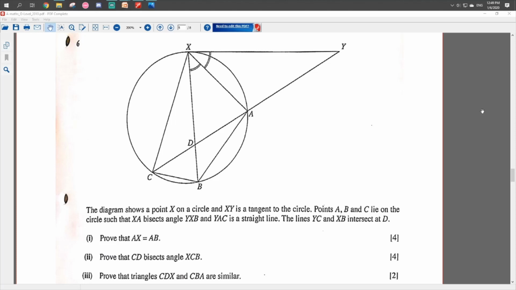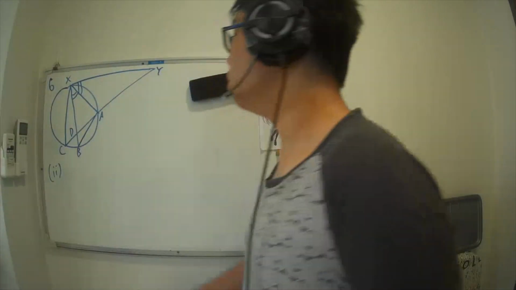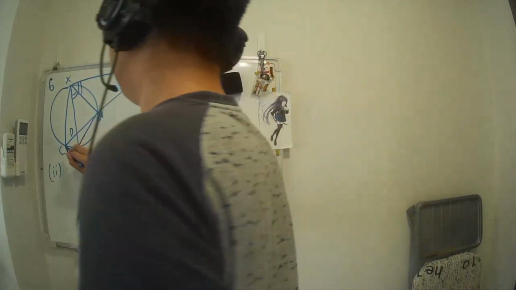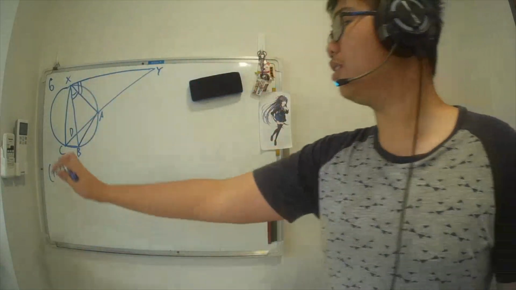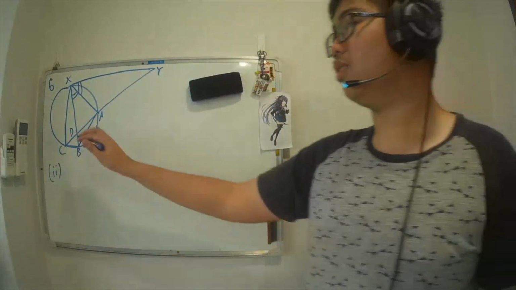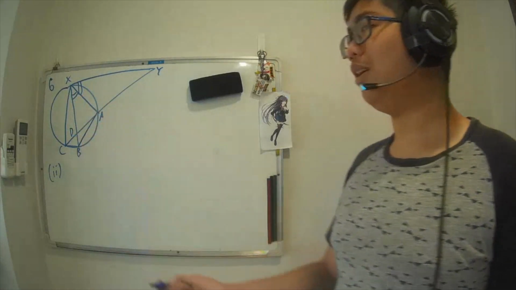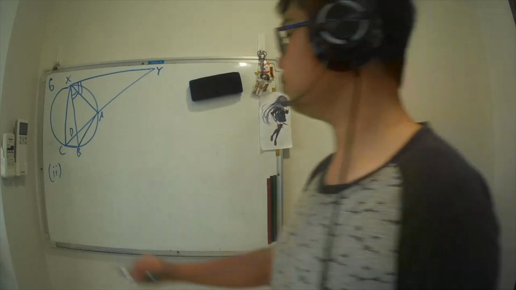Part 2, prove that CD bisects angle XCB. So we need to find this angle. We already know that this angle is equal to that. If we can prove that this angle is equal to that, then we're done. And actually that's very simple.